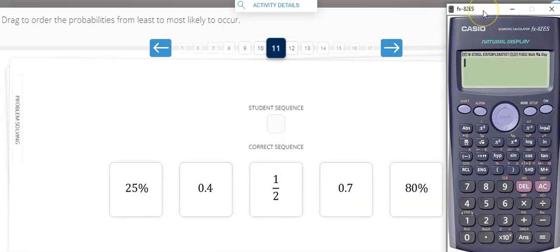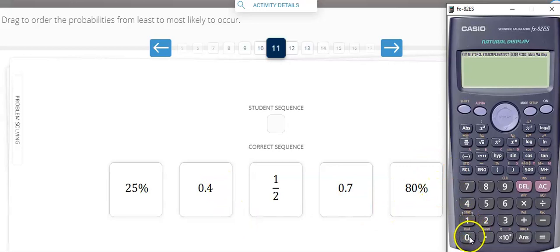If you watched the previous video, it showed that you had to order likelihoods from smallest to largest, or sometimes largest to smallest, but the answers provided to you, or what you have to order, are either given in decimal or in fraction form. And I did say you might get a question like this when a percentage is also given as well. So when we have to drag these probabilities from least likely to occur to most likely to occur, we have to make sure that these answers are all consistent. The 25% and the 80% we can keep as is.